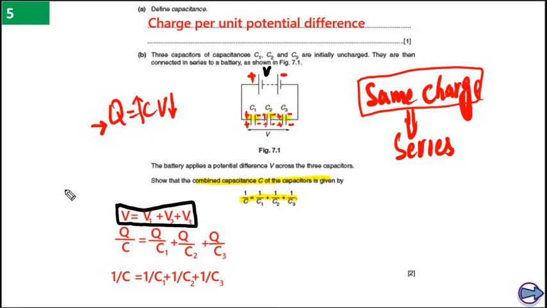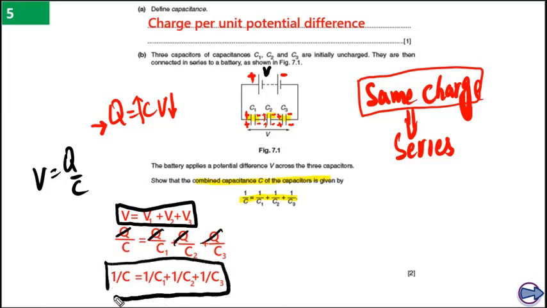As we understand, Q is equal to CV, so V is equal to Q over C as we have written here, and Q is the same, so we can cancel Q, and our final answer is this one. This is what the question was asking us to show.